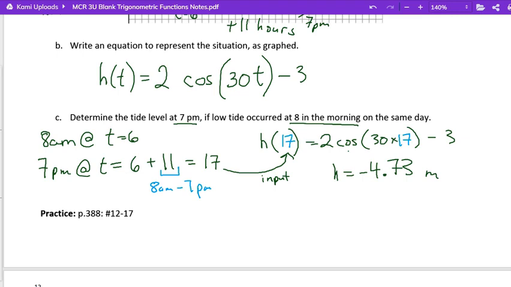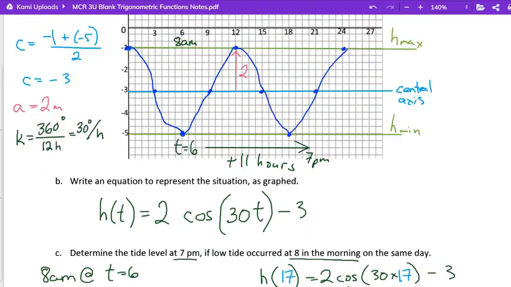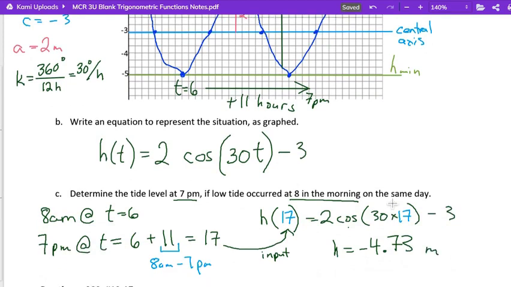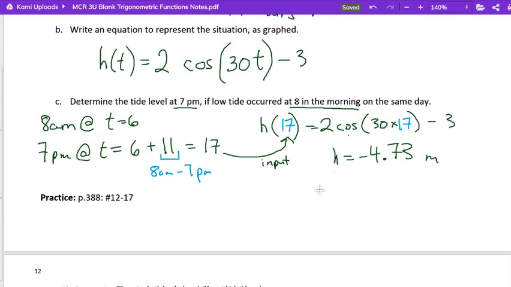Where is 0, folks? On our graph, where is 0? At the pier, right? And so the water is always below the pier level. So when it's negative 4.73 at time equals 17, I'd say that's a good approximation. So that means the tide is 4.73 meters below the pier.